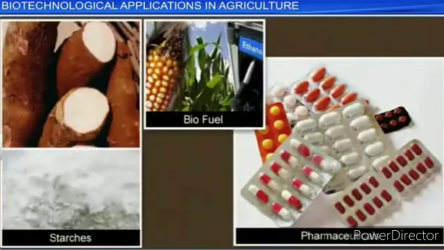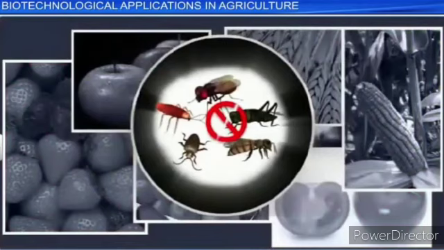In addition to these uses, sixth, genetically modified plants have been used to create tailor-made plants to supply alternative resources to industries in the form of starches, fuels and pharmaceuticals. Seventh, production of pest-resistant plants which could decrease the amount of pesticide used.